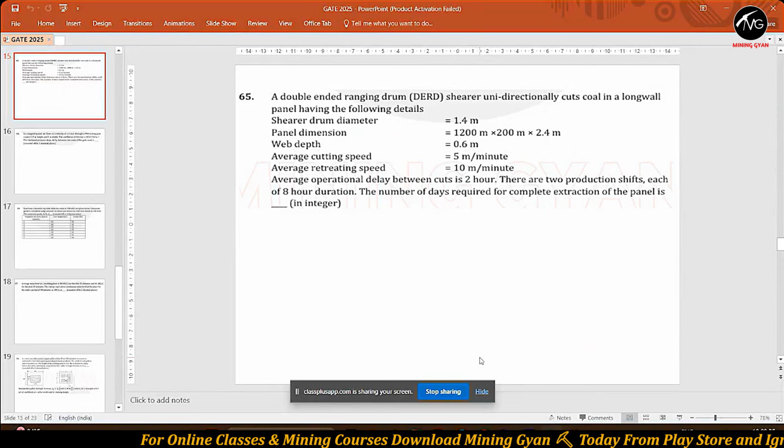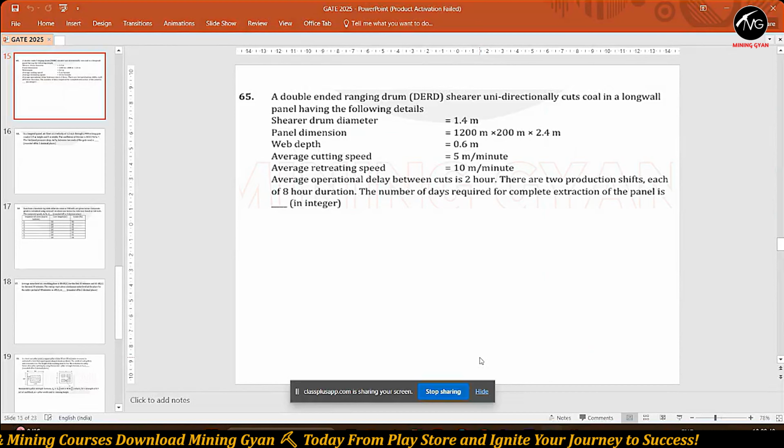And so this cutting operation, retreating operation, and the operational delay of 2 hours, these all constitute the time spent in the working shift.